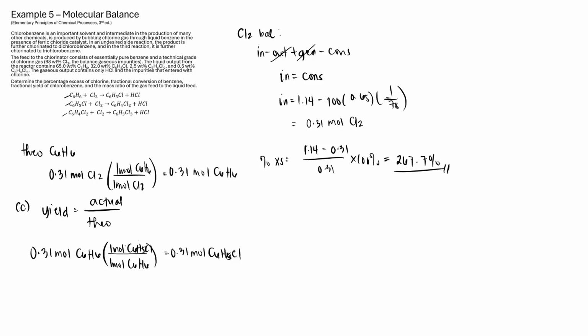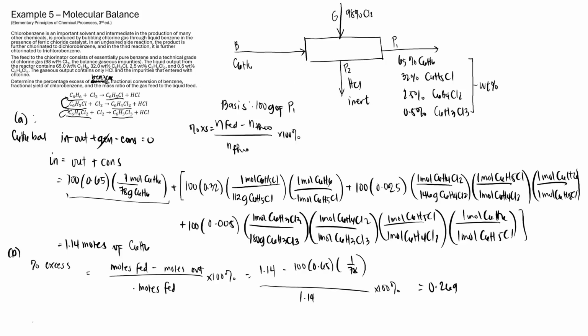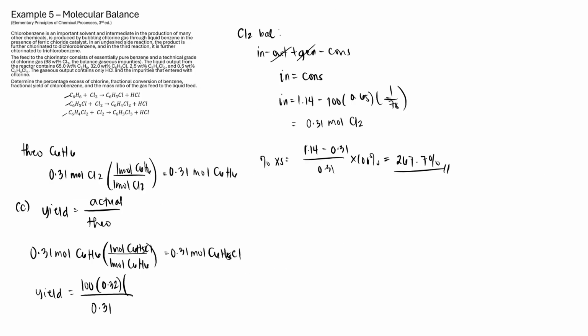Okay, so this means that the yield is 0.31 over, well, no, that's the theoretical. Actual is 100 times 0.32 over, wait, C6H5Cl, 146.